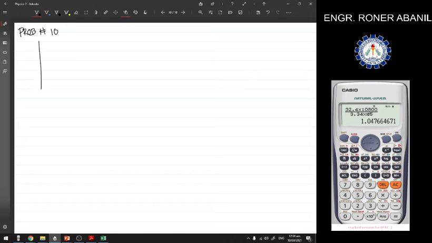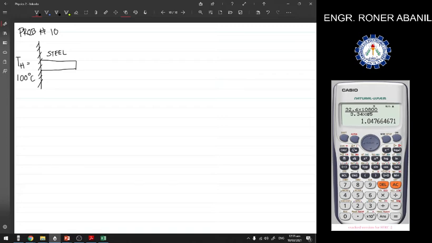So, meron daw lower end. Nandito yung rod natin. Isa. Sino to? Si steel. So, si steel daw is nakakonect sa wall na merong TH na 100 degrees Celsius na steam.